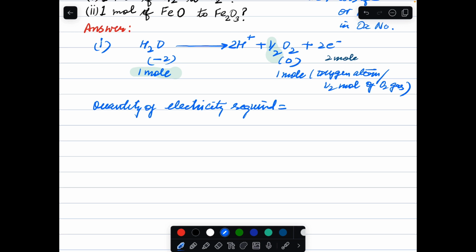So therefore, 2 Faraday. And the idea is it will be 2 into 96500 coulomb. It will give you 193,000 coulomb. So this is your first answer in this case.